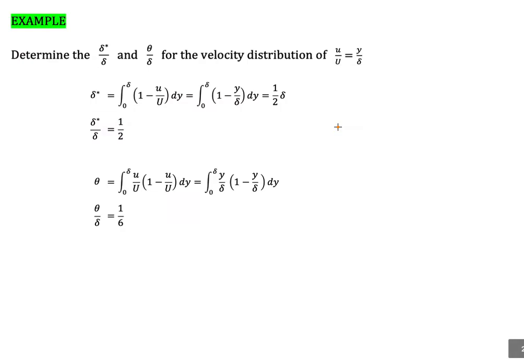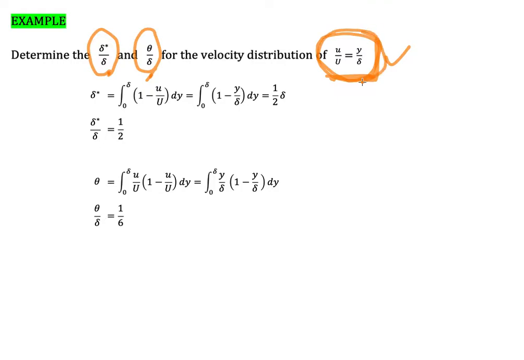And then this is an example of how to use that. For example, we have a question: determine delta star over delta and theta over delta for the velocity distribution u over U equals y over delta. This means that this is the shape of the velocity profile on the flat plate.